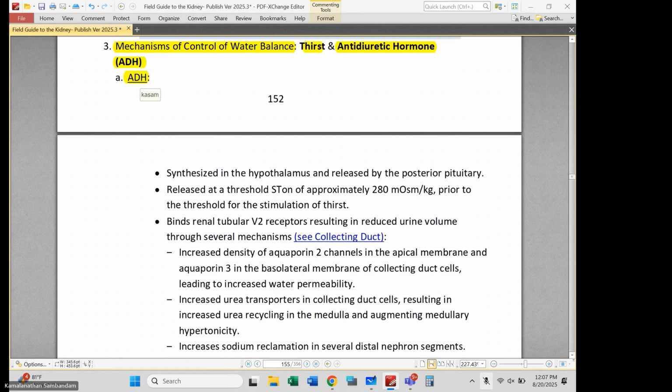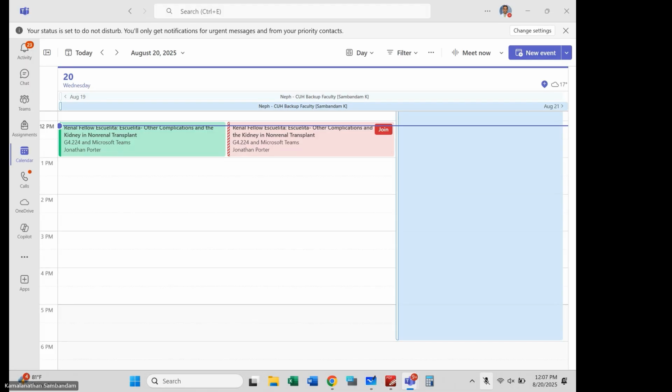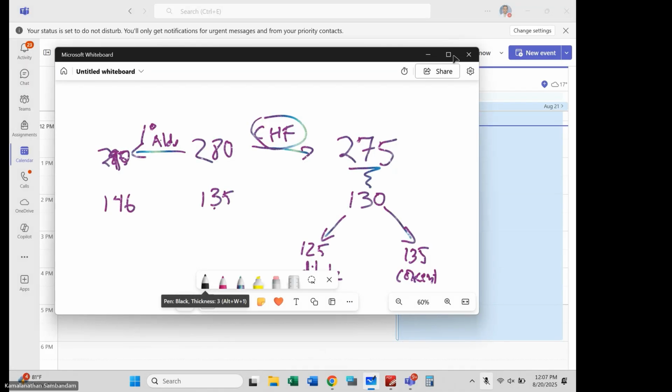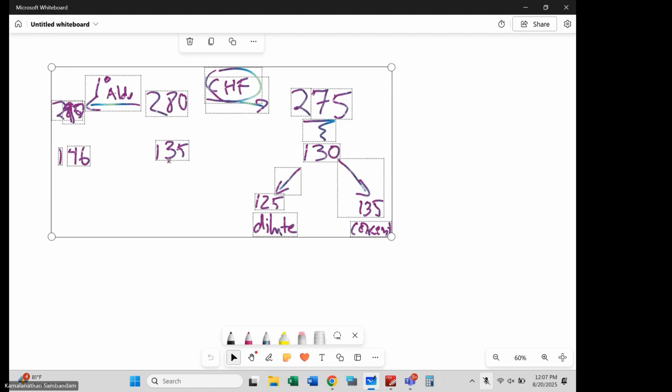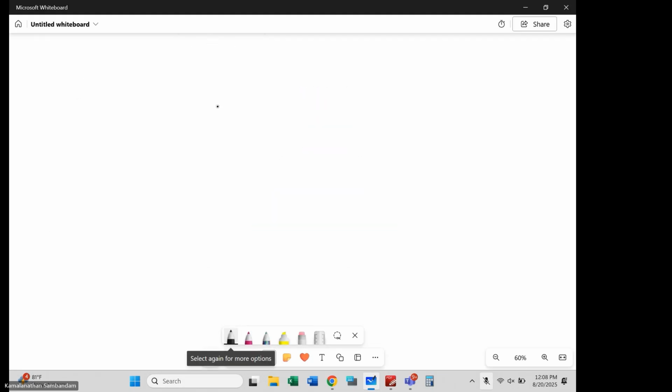Okay, so let's remember the anatomy, I suppose it's worthwhile to talk about. You can see, essentially the back of the third ventricle, that is the area of the hypothalamus that has osmoreceptors in it.